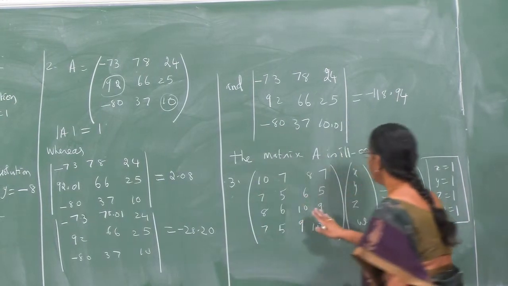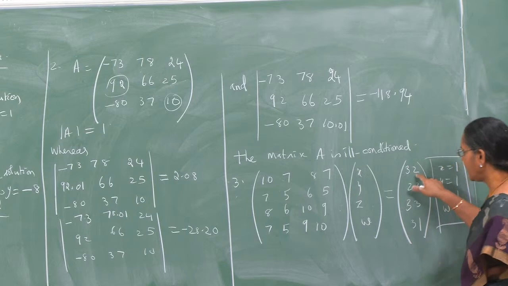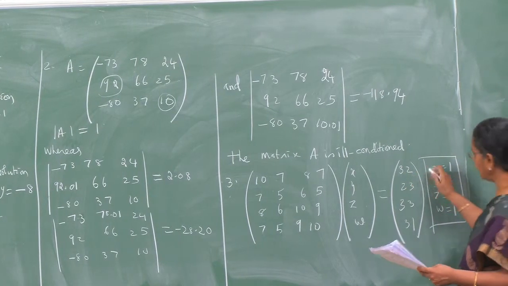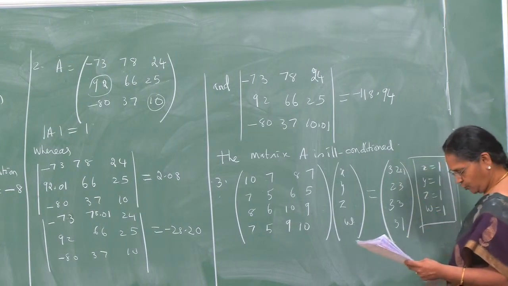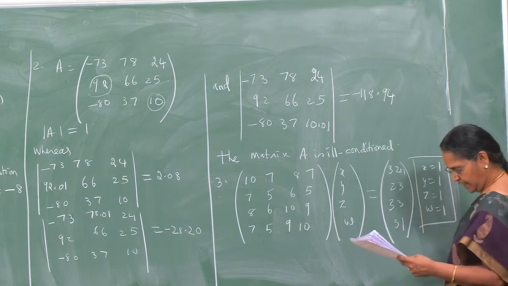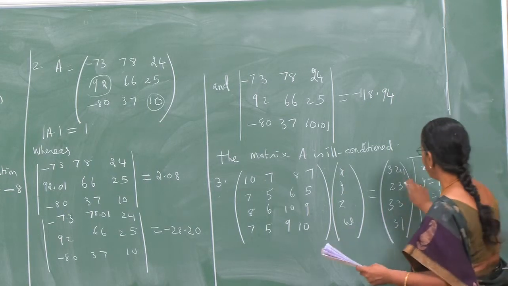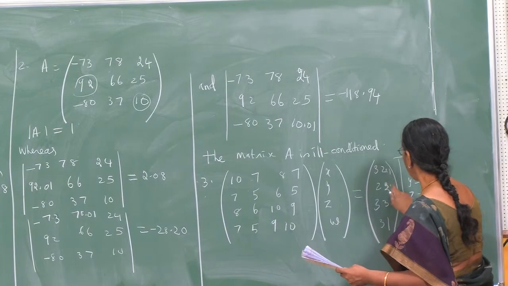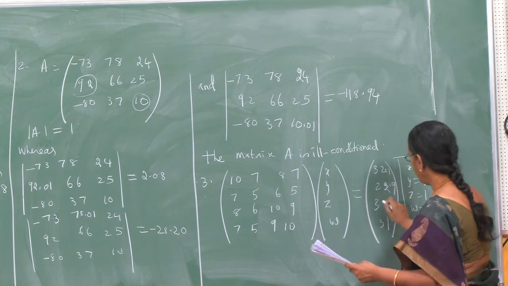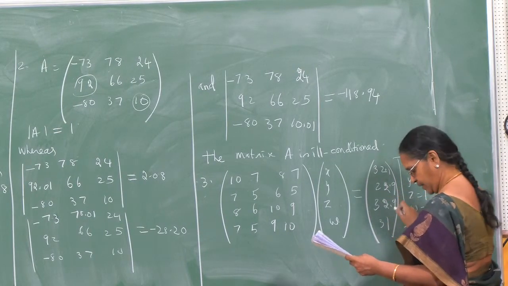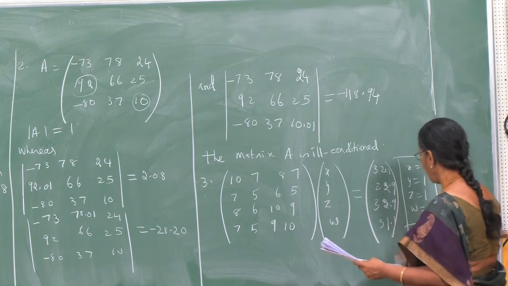So, I shall introduce those changes here. Suppose the right hand side vector changes to 32.1, 22.9, 32.9 and 31.1.